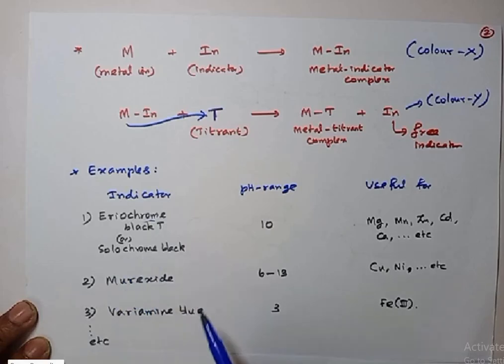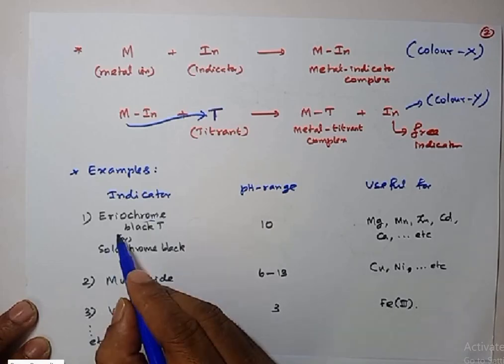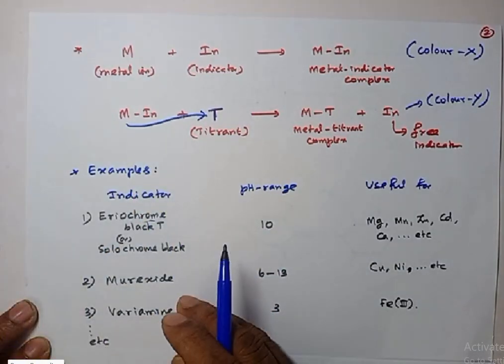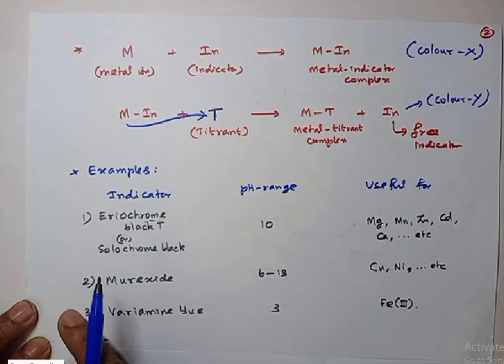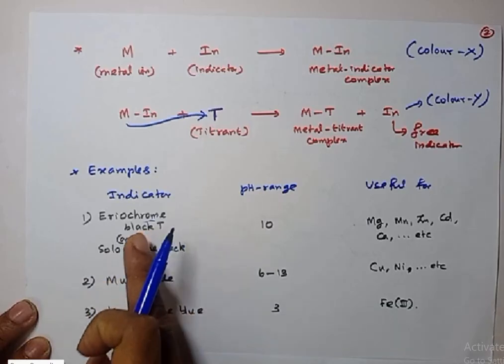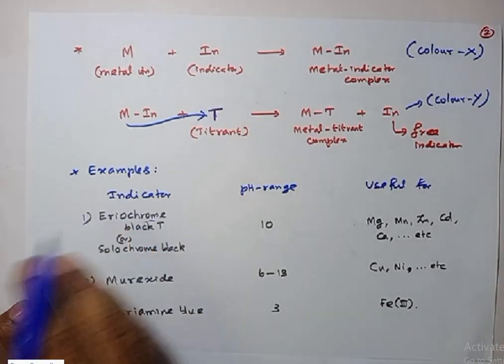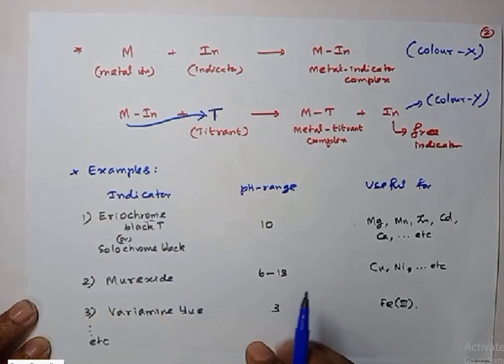In our laboratory, under volumetric titration, we are going to use this eriochrome black T indicator. You are going to perform this titration in the laboratory anyway, so need not worry.